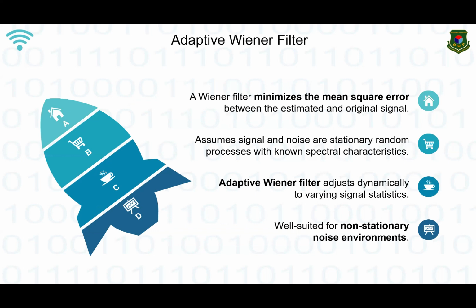So what is an adaptive filter? A Wiener filter minimizes the mean square error between the estimated and original signals. We assume signals and noise are stationary random processes with known spectral characteristics. An adaptive Wiener filter adjusts dynamically to varying signal statistics, so it is well suited for non-stationary noisy environments.